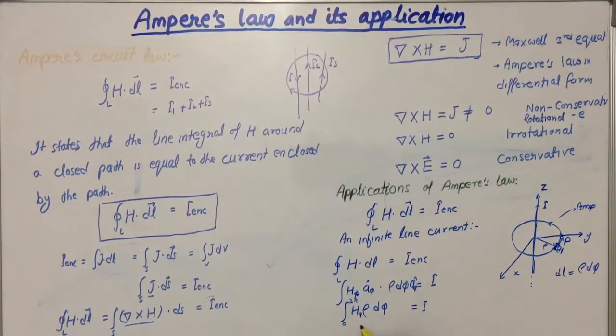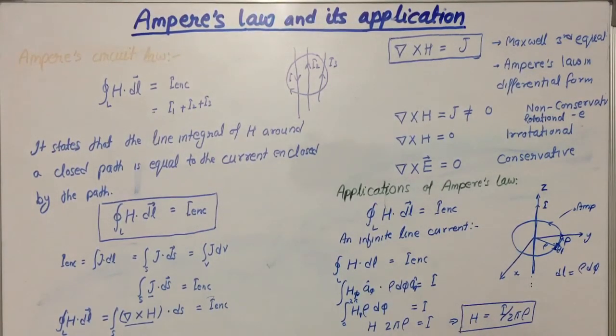We can write H times 2 pi rho equals I, and from here H will be I divided by 2 pi rho.